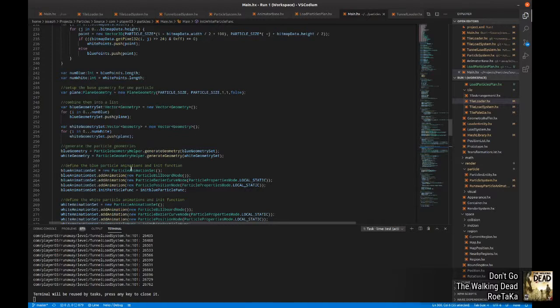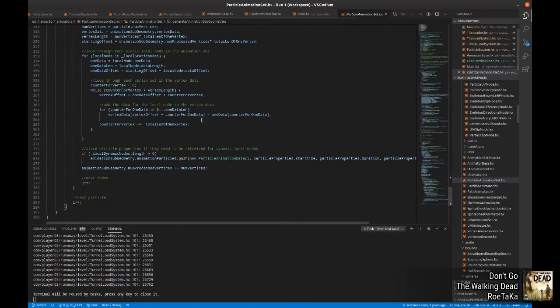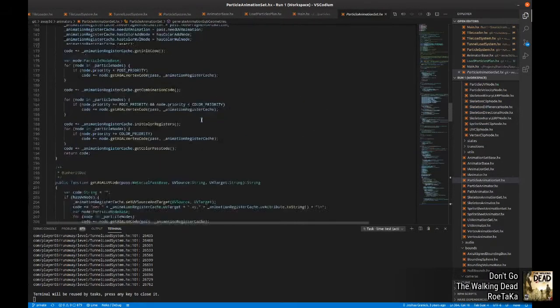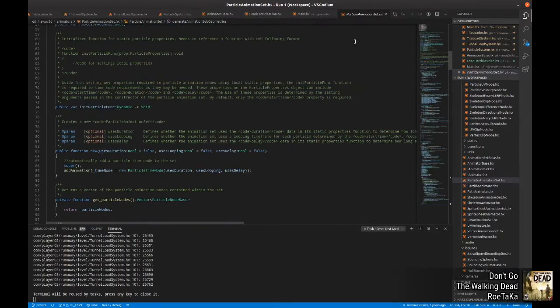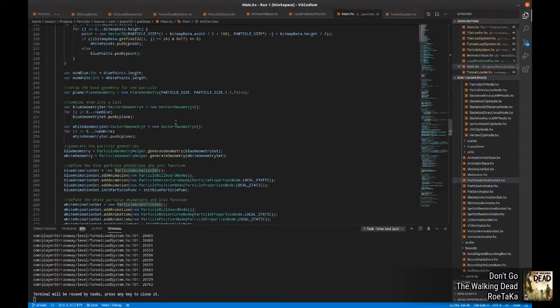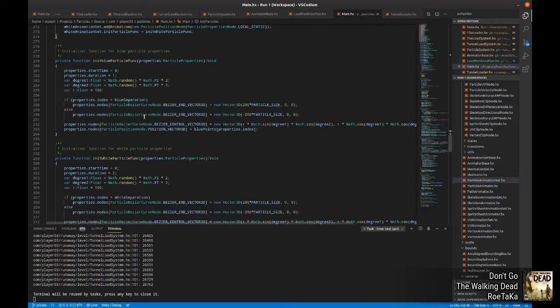So I want to know what uses duration, uses looping, uses delay. Yeah. Neither of us are using any of those. I'm doing all this though.